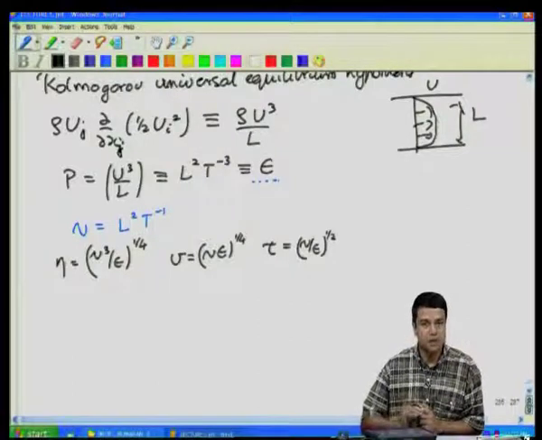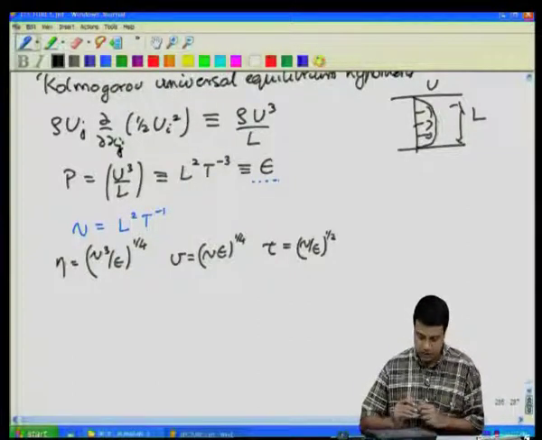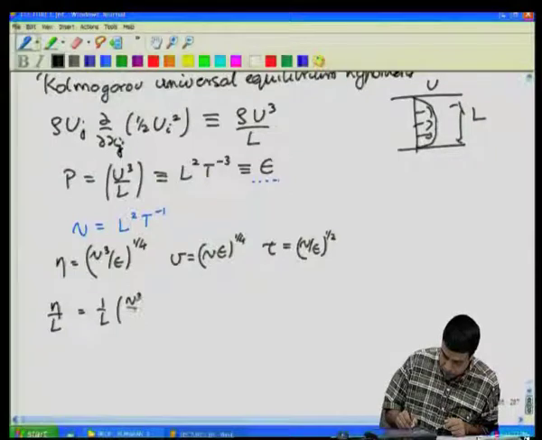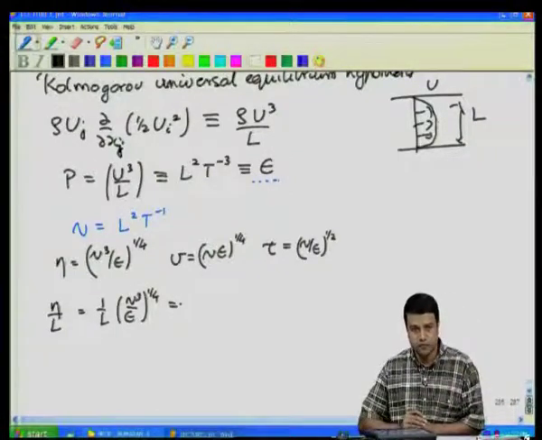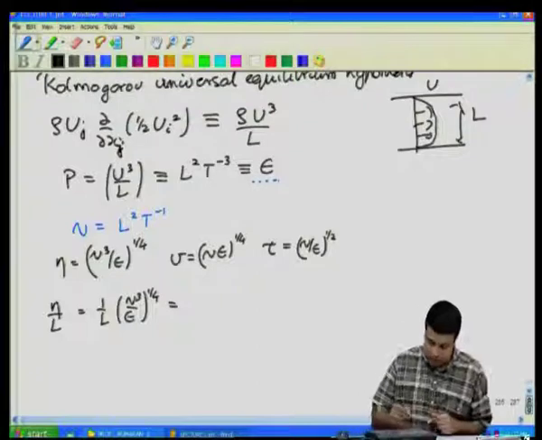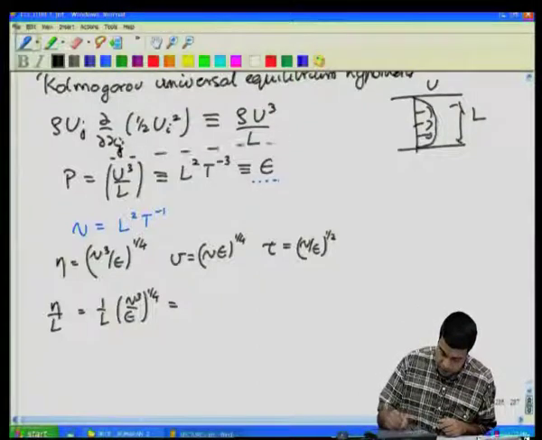Now, how do these compare to the macroscopic scales? Eta by L is equal to 1 by L into (nu cubed by epsilon) power 1/4. For epsilon, I can substitute u cubed by L, because I know that the production has got to be equal to the dissipation.